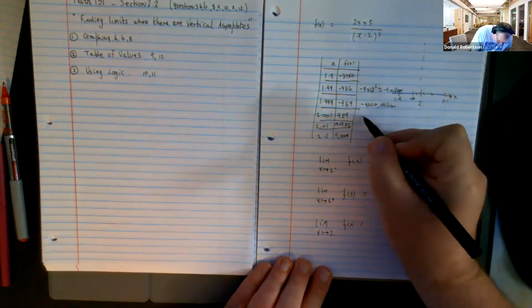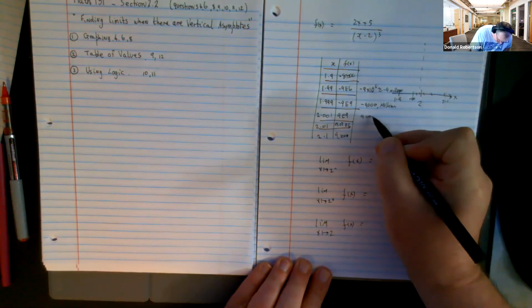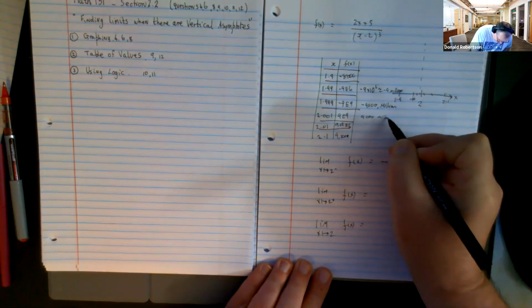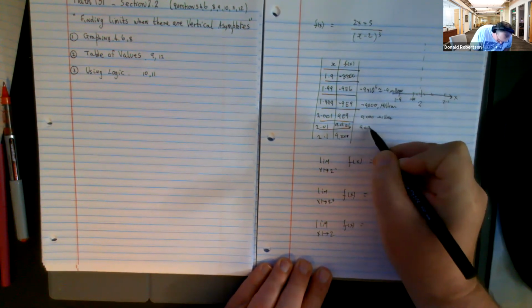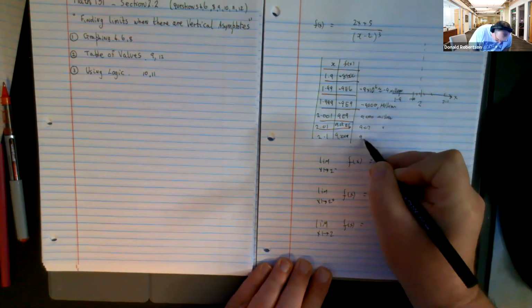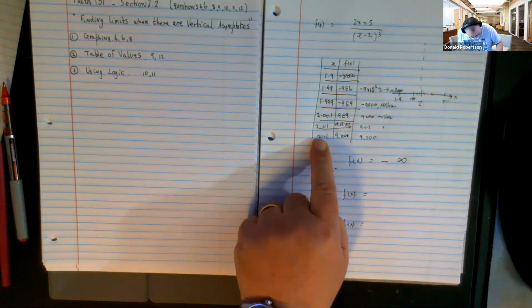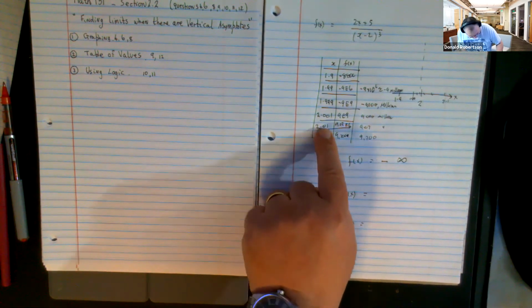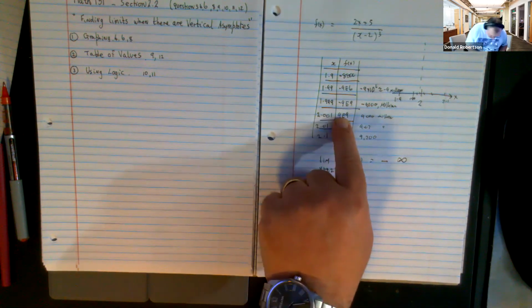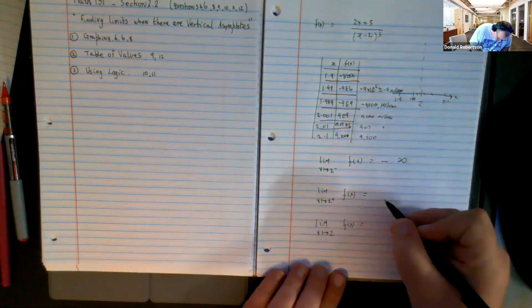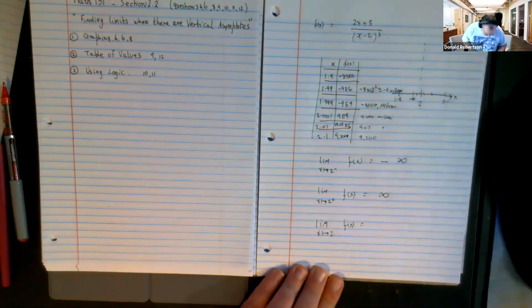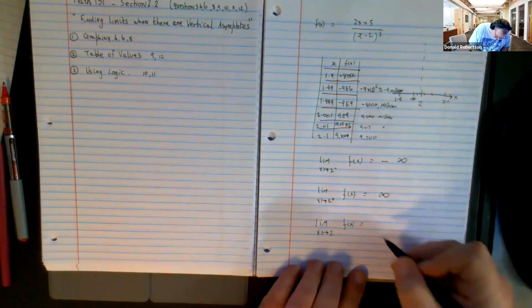And these guys here are like 9,000 million, 9.02 million, and just 9,200. Can you see as you approach 2 coming from the right hand side, going this way, isn't the answer getting really big, but really big and positive? And that makes this one, it does not exist.